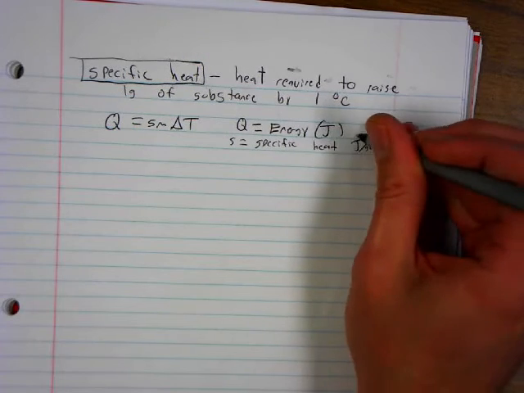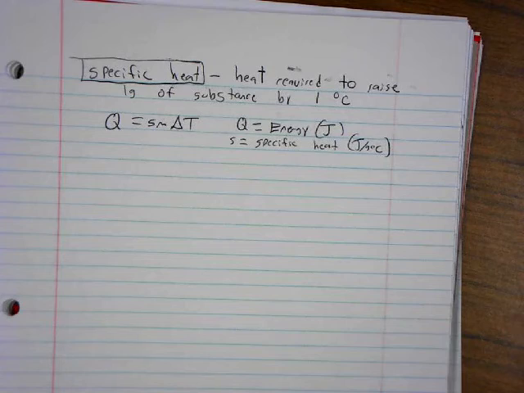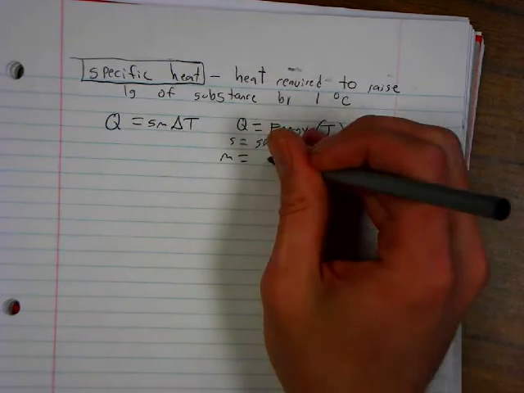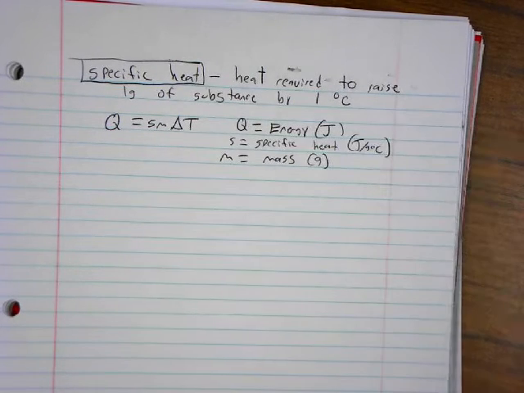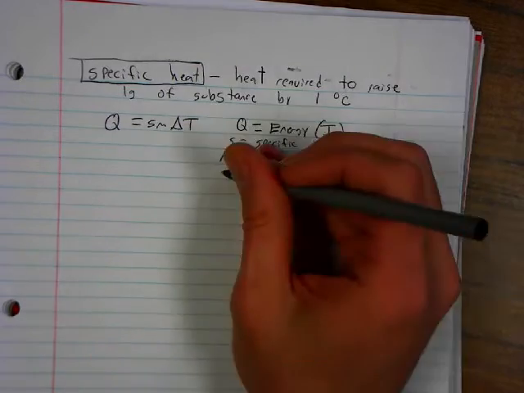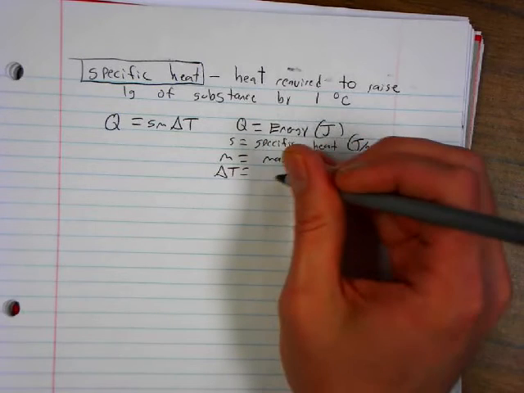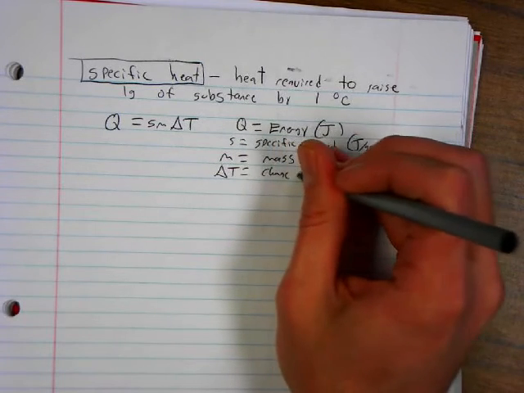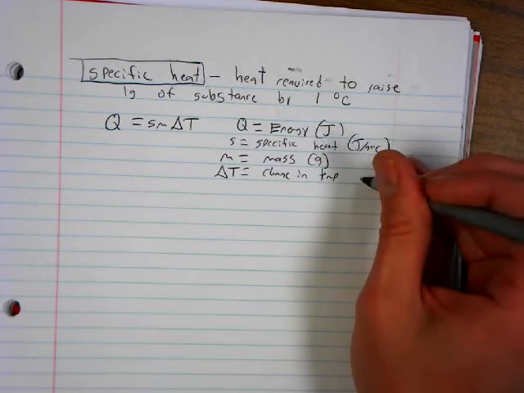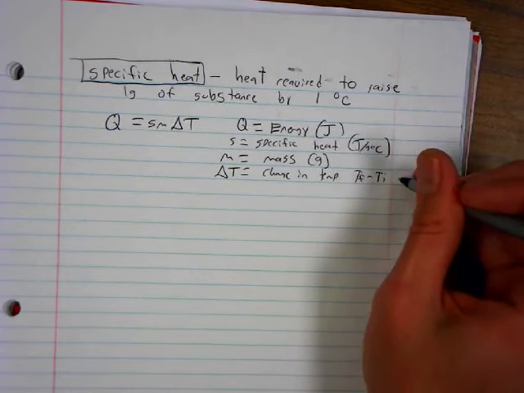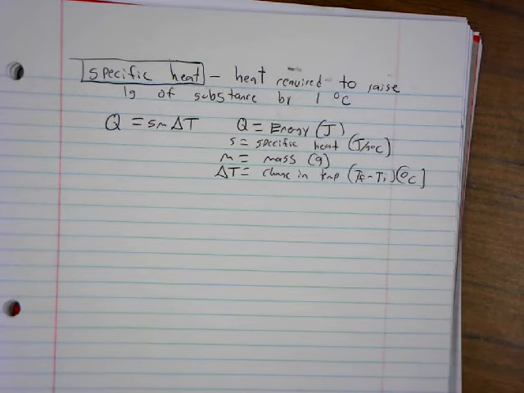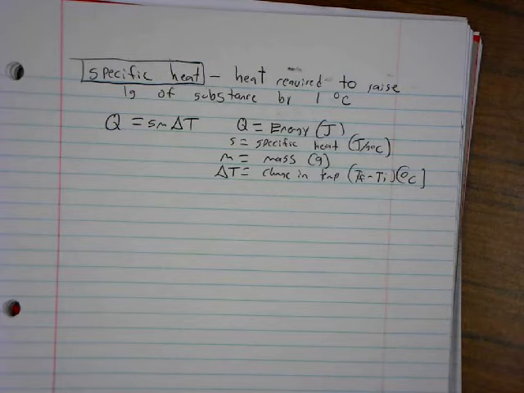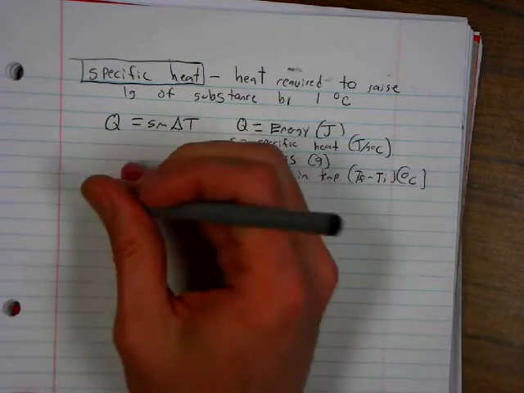S is my specific heat, which the units are usually in joules per gram degrees Celsius, what you would expect based on the definition. M is mass, which needs to be in grams. Watch out for conversions when you get to that. And delta T is the change in temperature, also known as T final minus T initial, in degrees Celsius, so your units are going to cancel out.